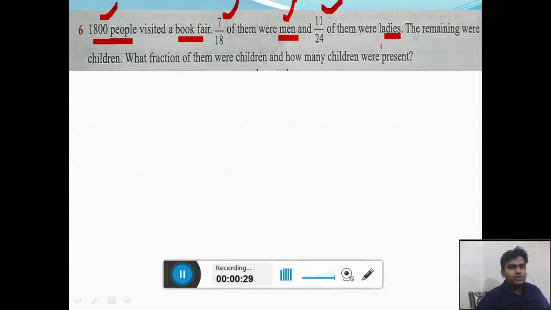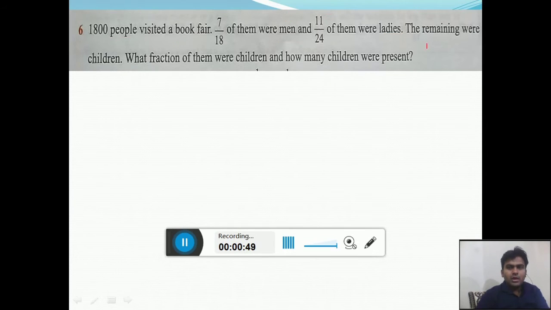So we can also find the ladies by multiplying 11 upon 24 into 1800. Now the remaining were children.